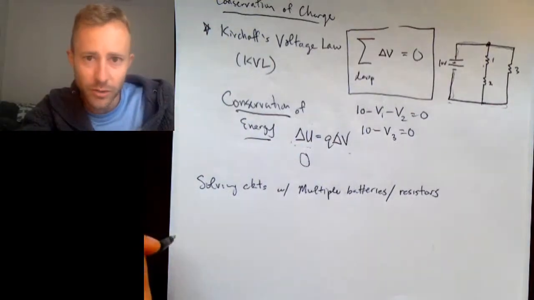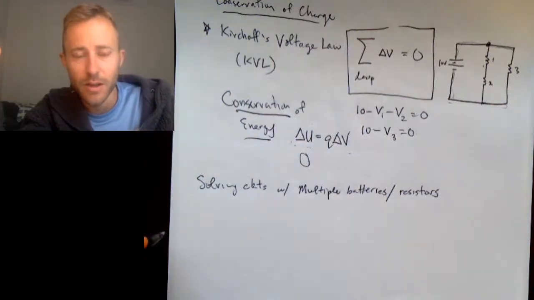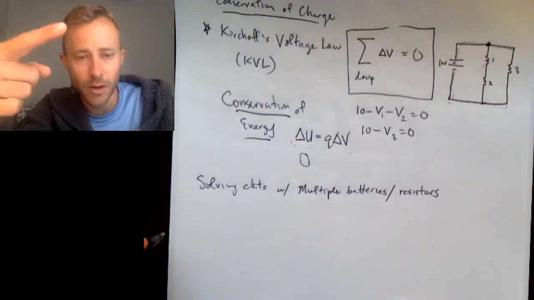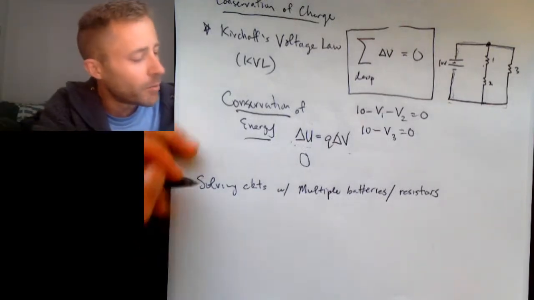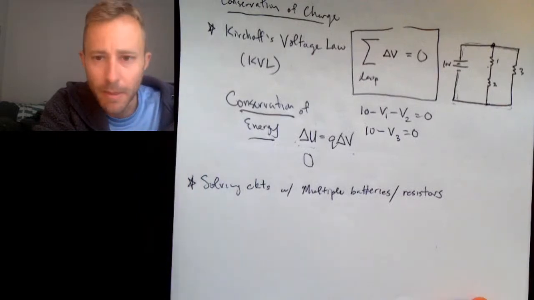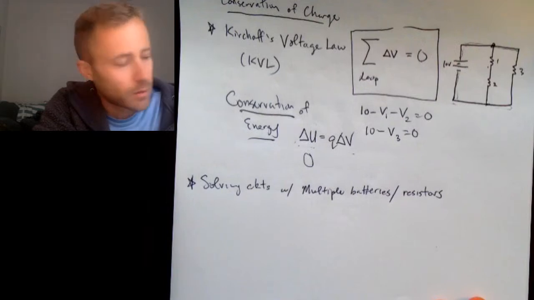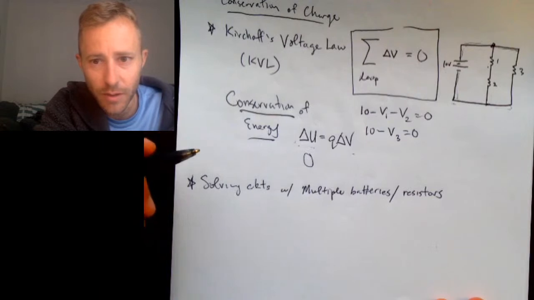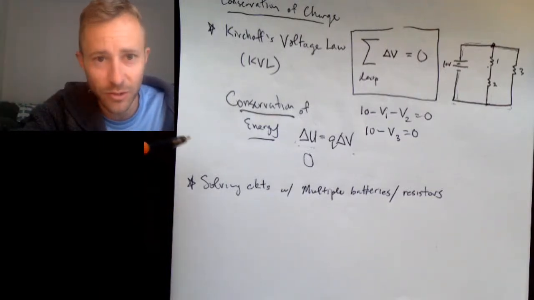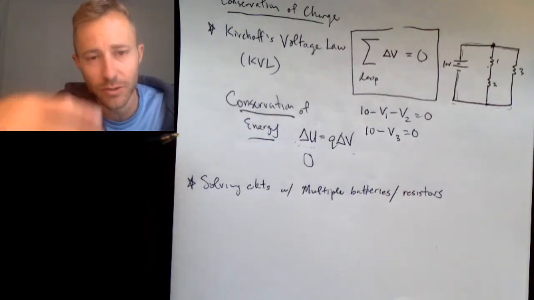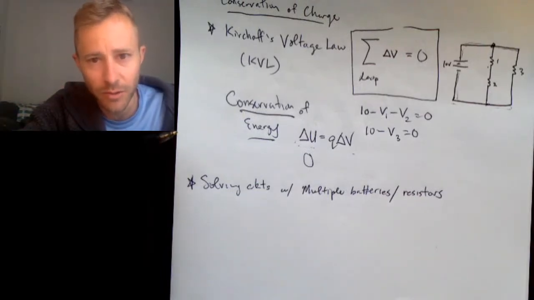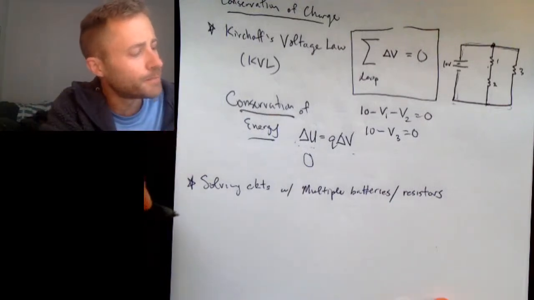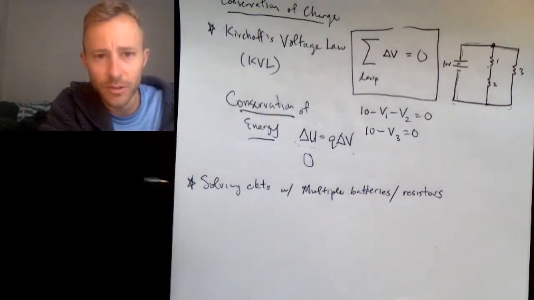So what I taught you to do last time was to solve a circuit with just one battery. All right? But what if we have multiple batteries and multiple resistors, okay? Or other things. You could have transistors. Next week we're going to learn about capacitors. So you can have capacitors. You can have all kinds of different things, all right? So how do you solve these circuits?